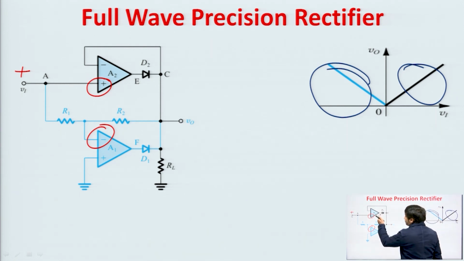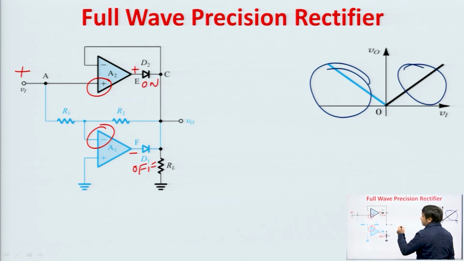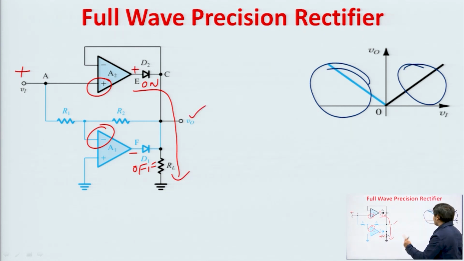So, the output of the A2 op amp will be positive and the output of the A1 op amp will be negative, because the input is applied at the negative input, fine. So, in this case diode D1 will be off and diode D2 will be on. If the diode D2 is on, then the current will flow through RL resistor and we will get the output voltage. It means that when Vi is positive, then we are getting the output voltage.